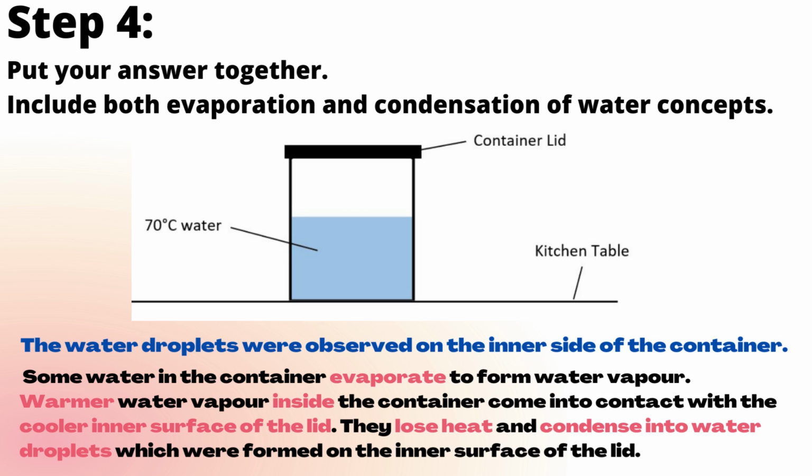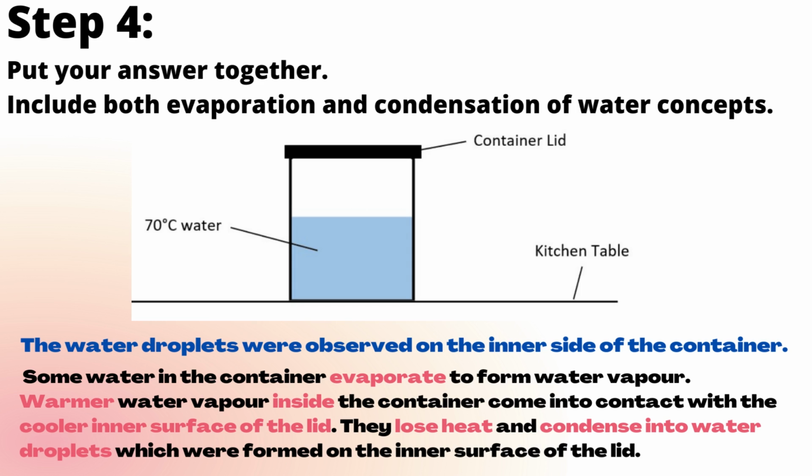So water droplets will then be observed on the inner surface of the lid. That's where with our bare eyes we can actually see the water droplets forming on the underside, the inner surface of the lid after a while.